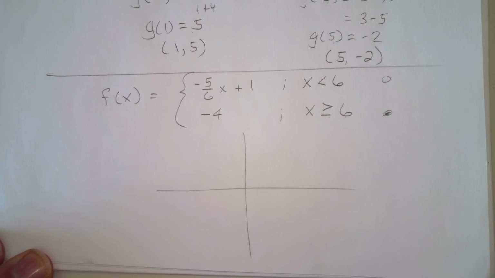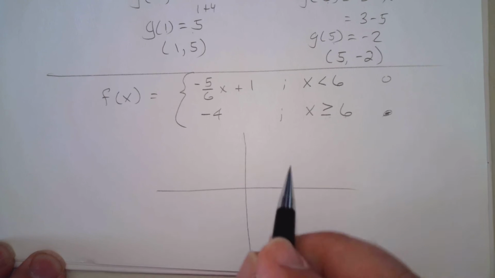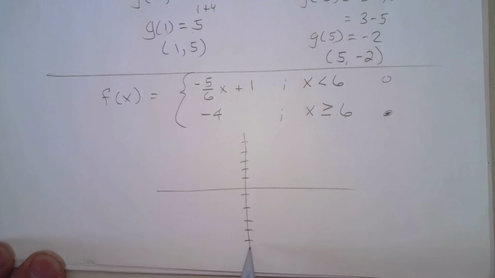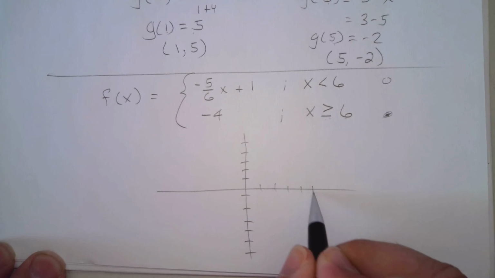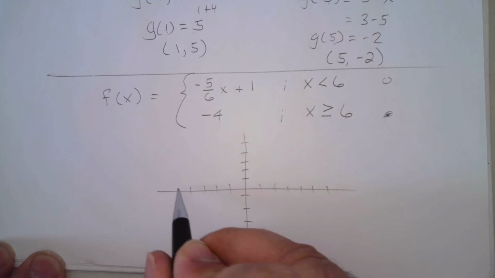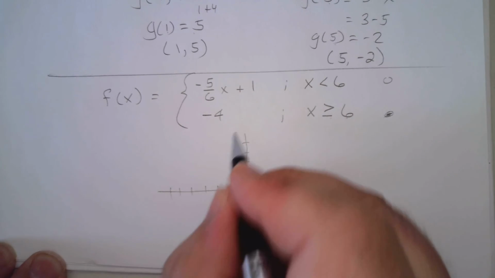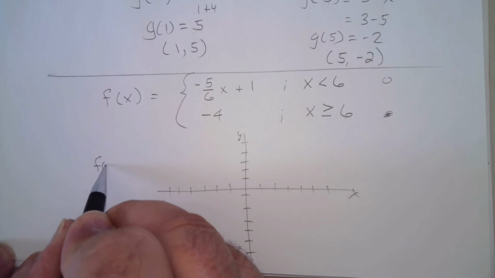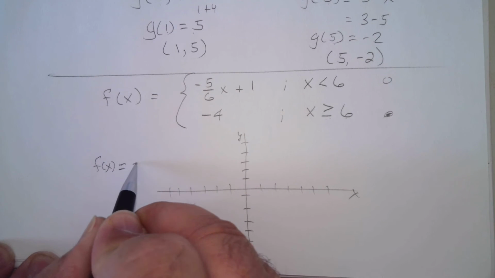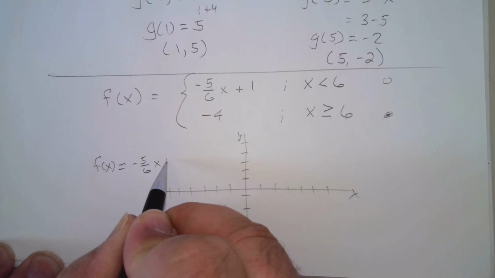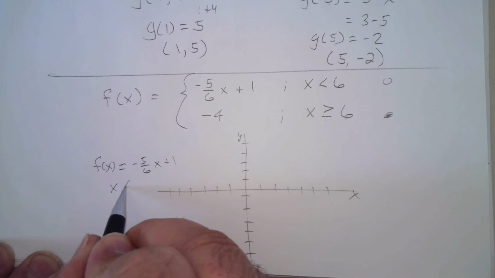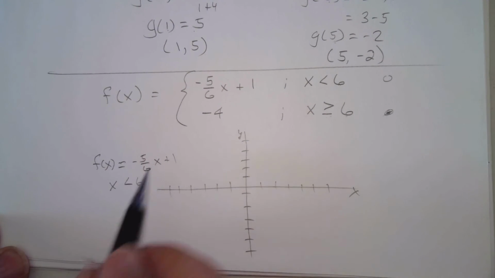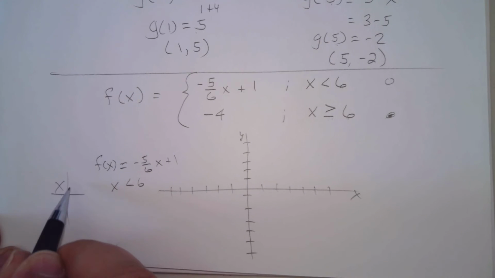Let's look at this graph. This is x, this is y. So f of x equals negative 5 over 6x plus 1 when x is less than 6. Again, it's a straight line, linear equation, so all I need is 2 points.